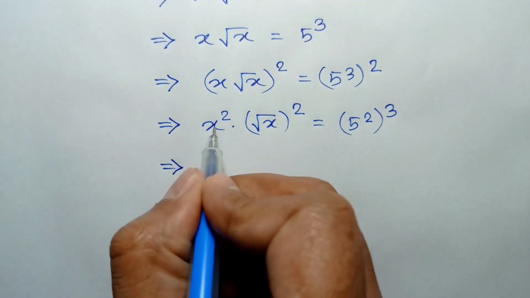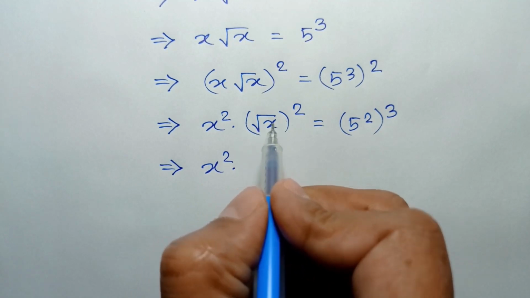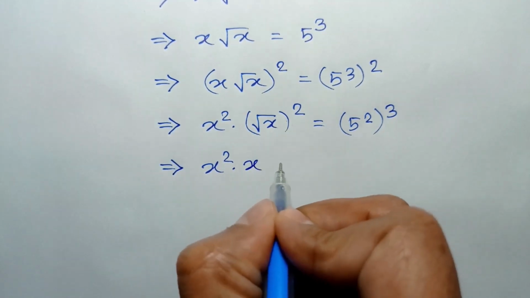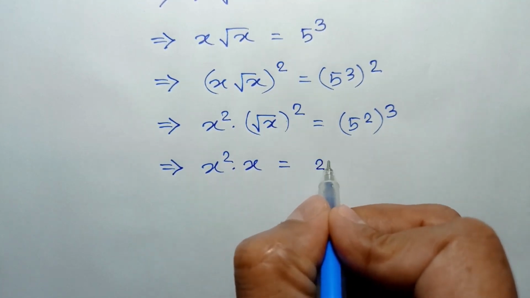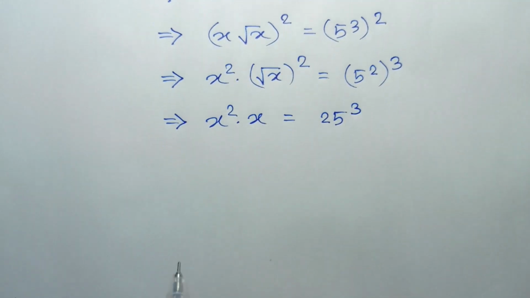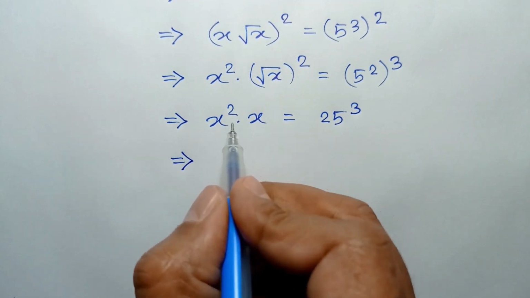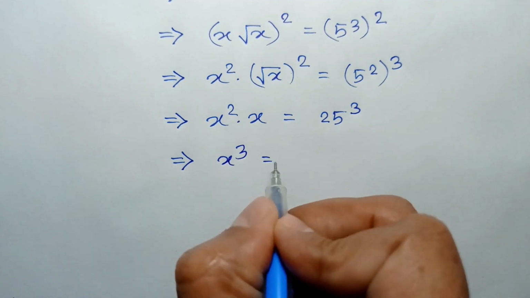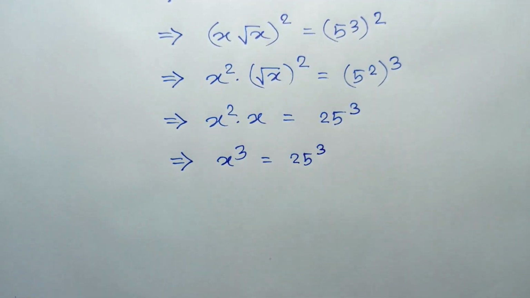Or x square times, this square root and square will cancel out, so it will remain x, is equal to 5 square, which is 25 cube. Or x square times x is x cube, is equal to this 25 cube.